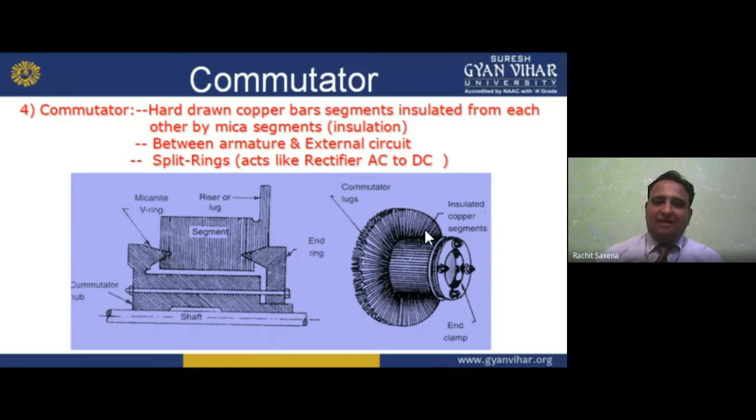And if I rotate the rotor or armature, that armature cuts the flux. As the flux is cutting, as the flux is varying, as per the Faraday law of electromagnetic induction, there will be an induced EMF, induced current, my dear student.